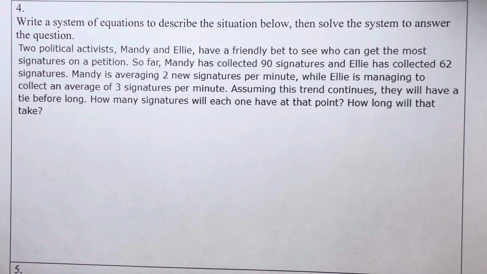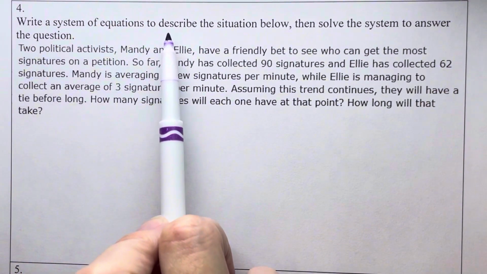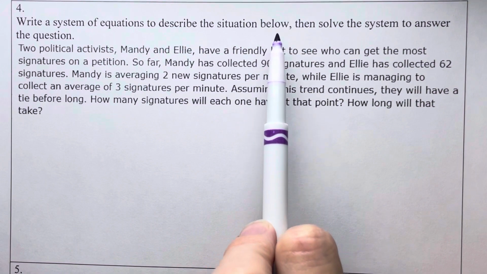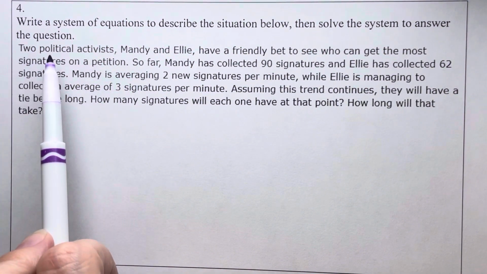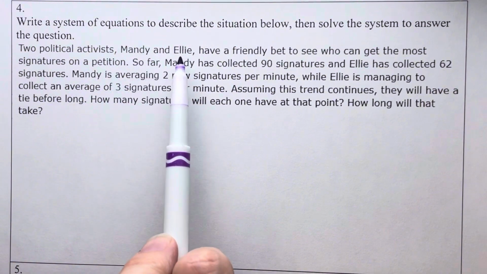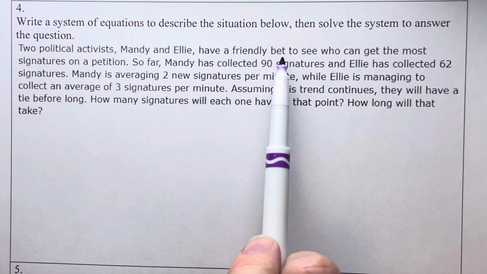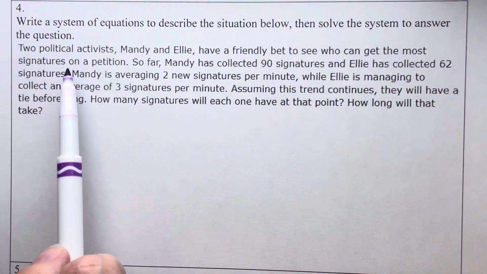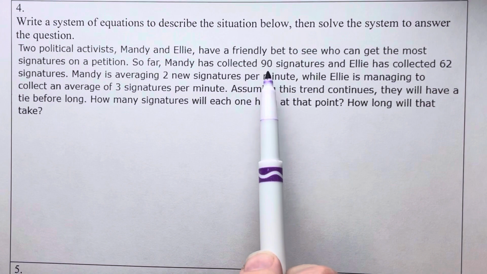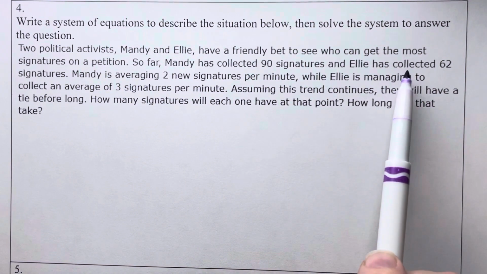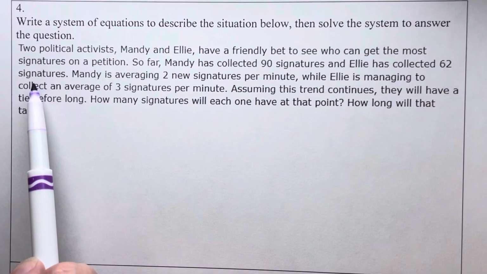Example 4. We're going to write a system of equations to describe the situation below and then solve the system to answer the questions. Two political activists, Mandy and Ellie, have a friendly bet to see who can get the most signatures on a petition. So far, Mandy has collected 90 signatures, while Ellie has collected 62 signatures.